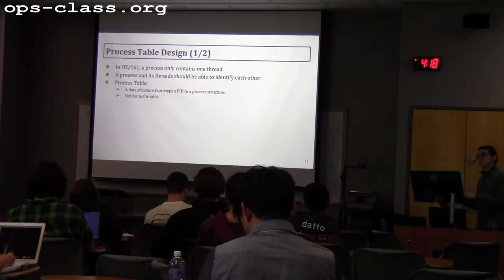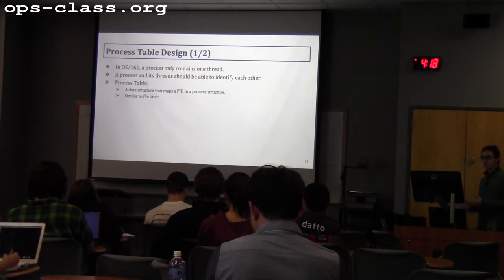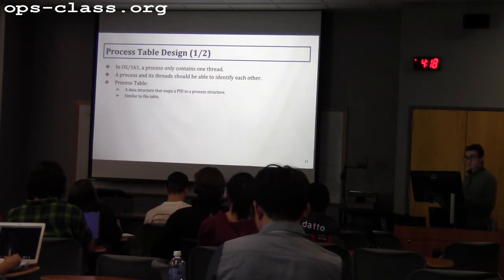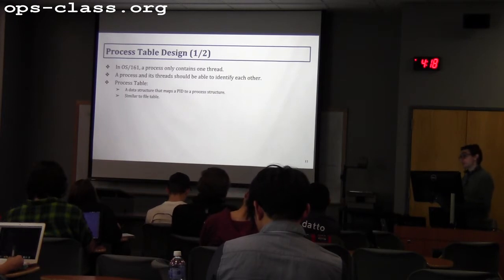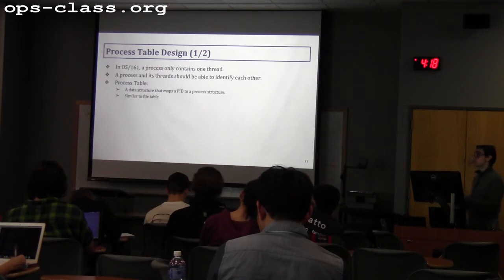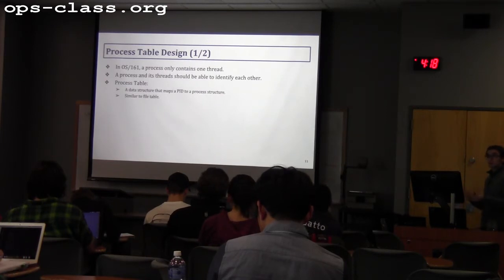Now, since we defined the process structure, as we said, we need to have a process table. A process table, as we said, is something similar to the process or the file table. And we will use the PID to map between process structure and a process.